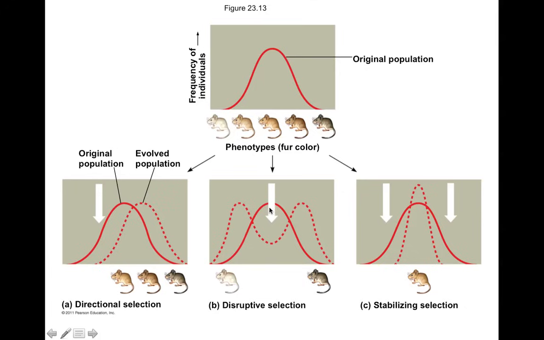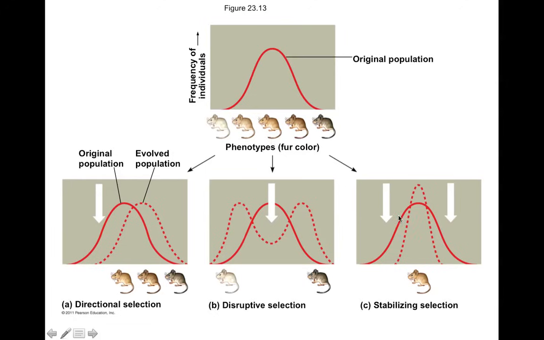Disruptive selection would be if somehow both the very light and the very dark mice were selected for, and the in-between mice were selected against. So the middle of the peak would go down, and we'd get this sort of bimodal distribution, or this two-hump distribution. That would be disruptive selection. But what if another type of event occurred, or change in the habitat occurred, which meant that being this in-between color was the absolute most advantageous, and that these mice left the most offspring?